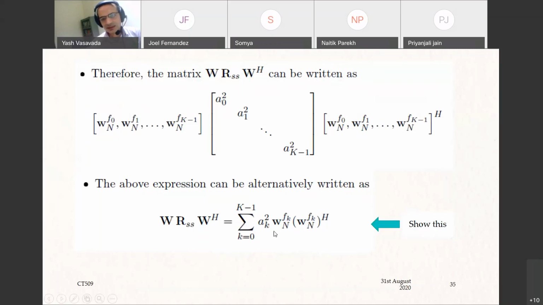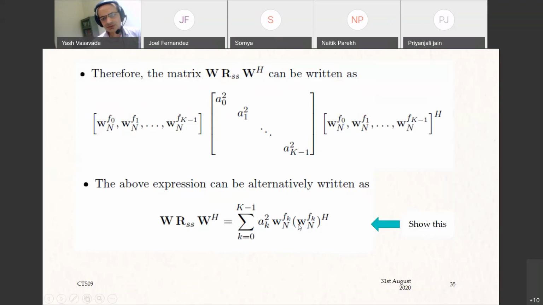Basically, we are collecting a bunch of these n cross n matrices, in fact, for each of the k users. We are scaling each of those matrices by the amplitude squared of that user, and then we are just adding them up. And the answer that we get is the same as doing this matrix multiply directly.